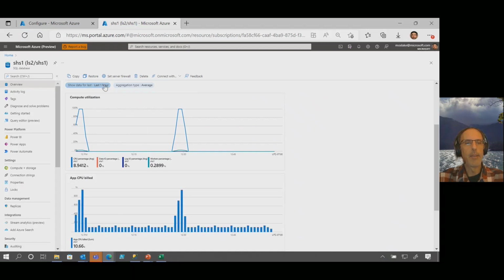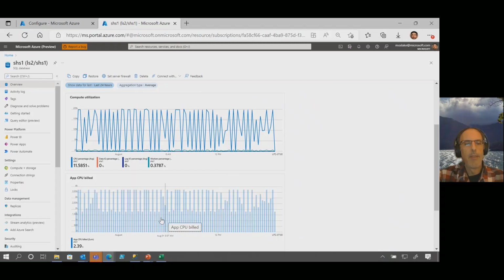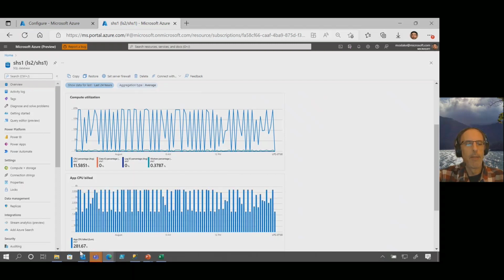Now, if I'd like to estimate the compute costs, let's say over a 24-hour period, then as we were saying earlier, we just need to add up the total number of vcore seconds over that interval of time. And that's given by this metric in the lower left-hand corner of this chart.